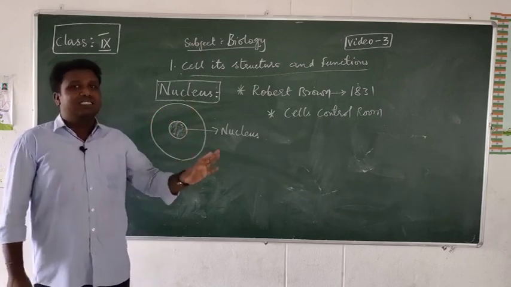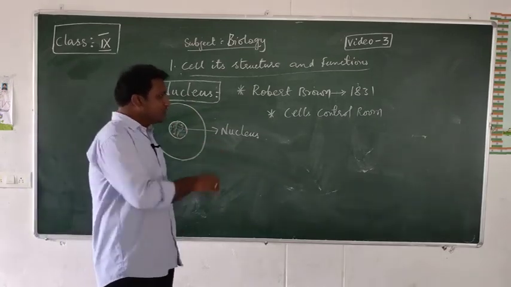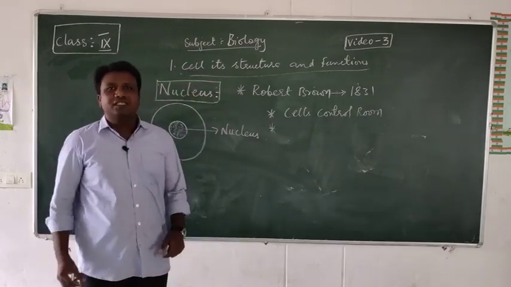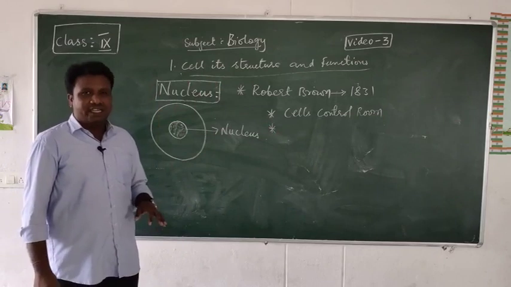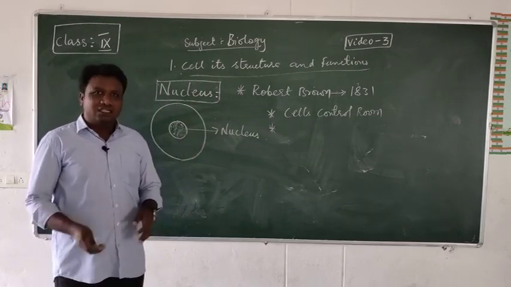That's why it is called the cell's control room. Who discovered the nucleus? Robert Brown in the year 1831. And what do you call it? The cell's control room.